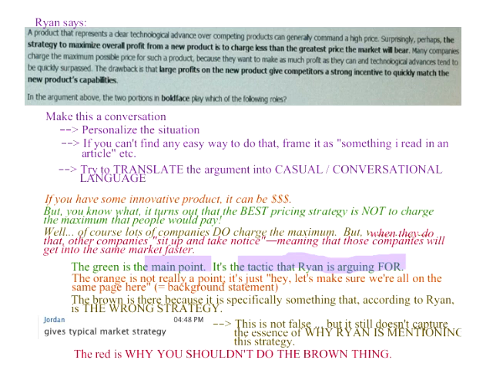And then the red thing is why you shouldn't do the brown thing, where the brown thing is something that's not the green thing. Okay. All right, let's do one more page here.